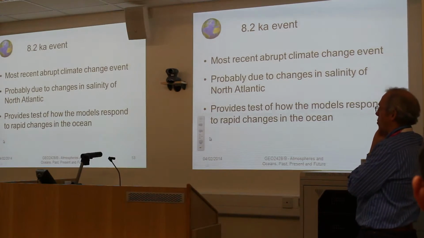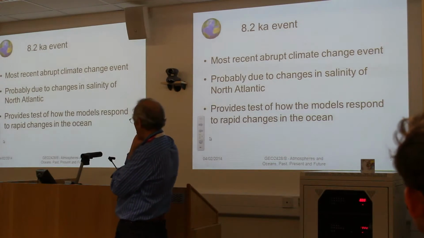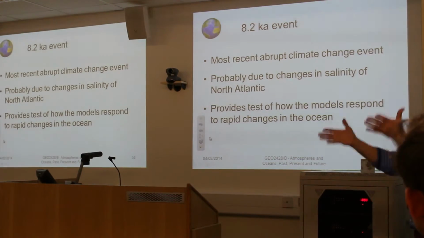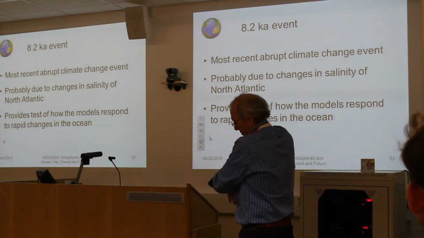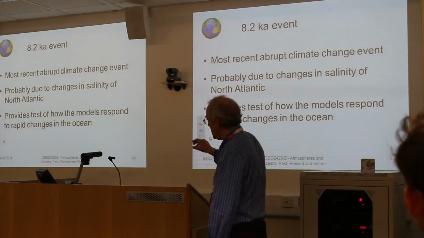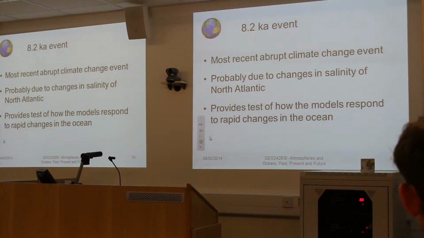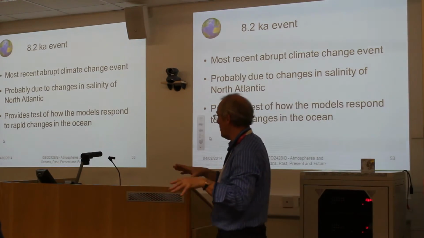It was probably caused by a glacial outflow flood from the Laurentide ice sheet that lifted the ice sheet, water came under it, into Hudson's Bay, all around northern Canada, and flowed out into the North Atlantic, freshened the water, and cooled the water. It led to a short, rapid cooling of the North Atlantic and limited the thermohaline circulation, and by doing that you can run the model and see how what is predicted compares to what actually happened.